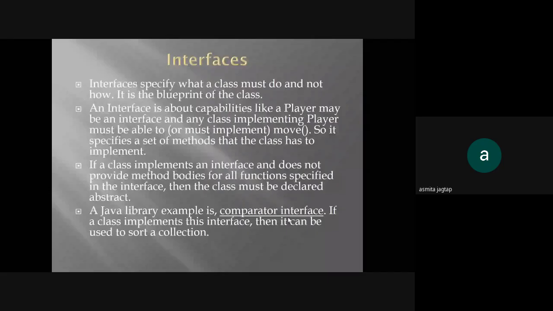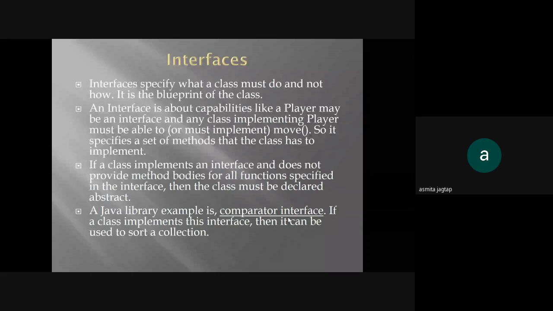Then a class library example. There are many inbuilt interfaces, like Comparator and Comparable. When you see the collection classes or the collection topic in Java, the Comparator and Comparable interfaces are present inside it.